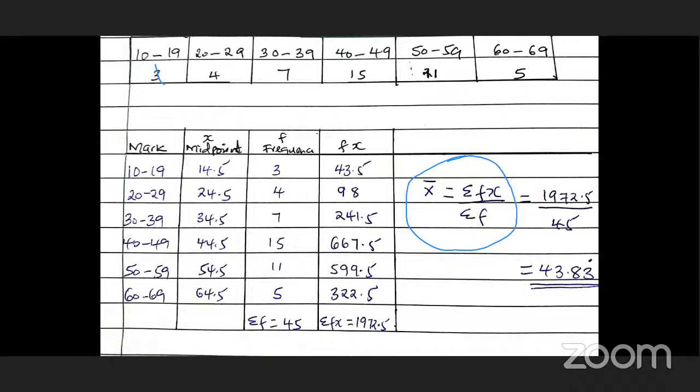That mean of X is equal to summation of Fx over summation of F. So I started by saying that the highlighted step there is what will be given, where the data is grouped and each frequency provided. Now the formula is telling us that we need to get summation of Fx over summation of F.